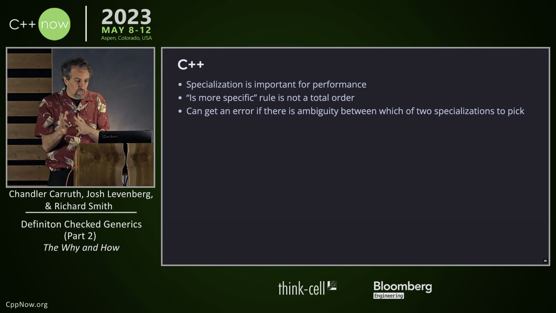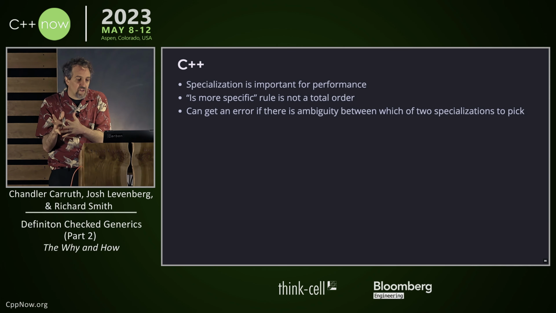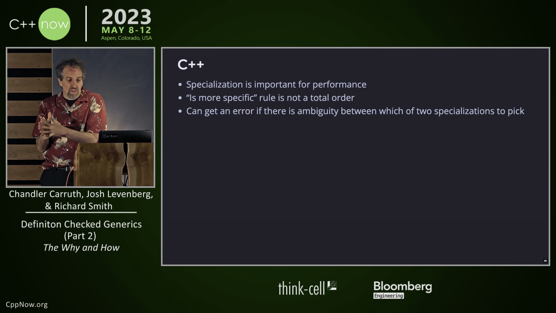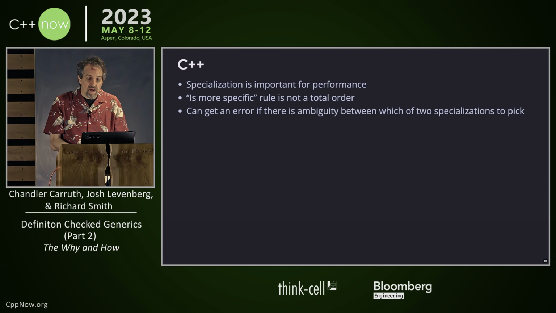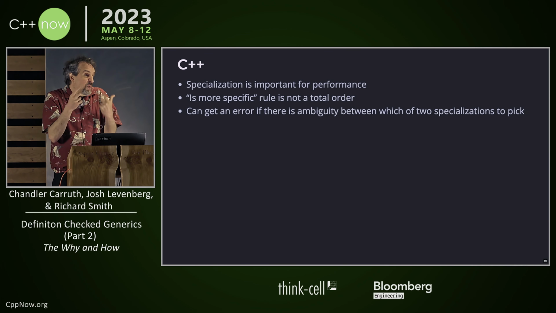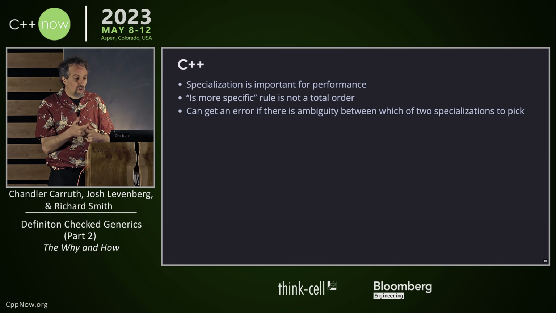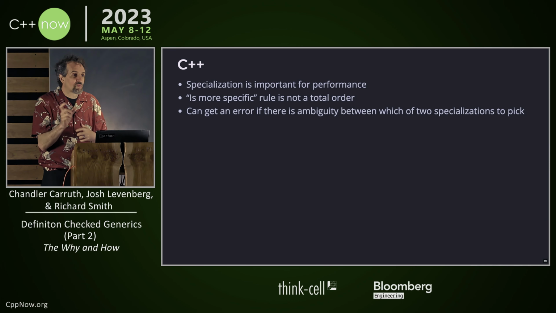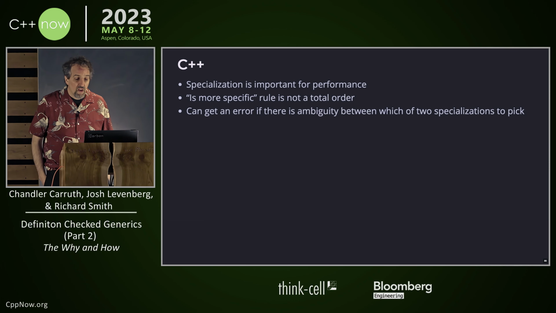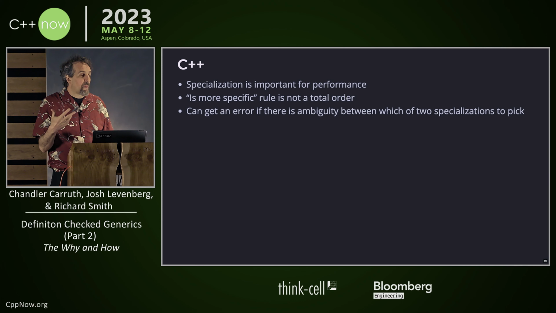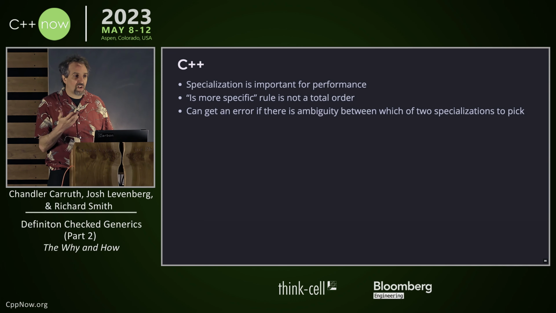So diving into C++, the performance benefits of specialization and support in C++ are great, but we have this problem that library authors have to be careful to avoid ambiguity errors when the compiler has to pick a most specific implementation. This is because there's only a partial order of specializations, not a total order.